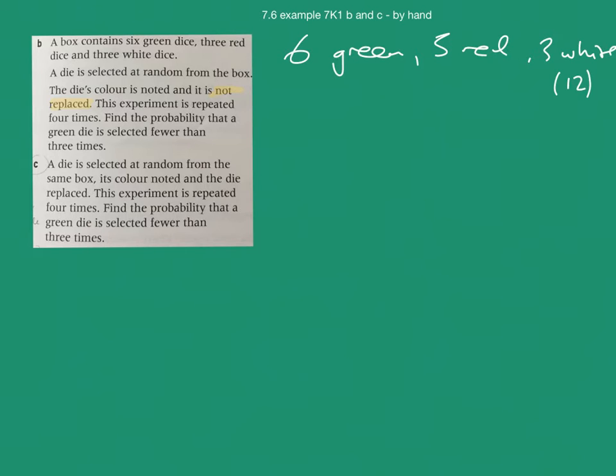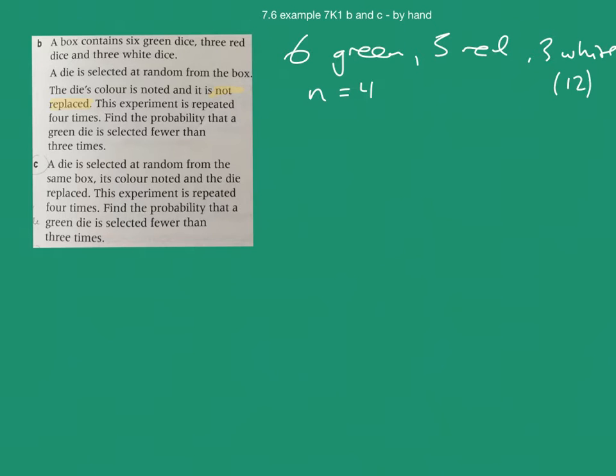And we're going to repeat this 4 times, so our n is 4. So find the probability that a green die is selected fewer than 3 times.